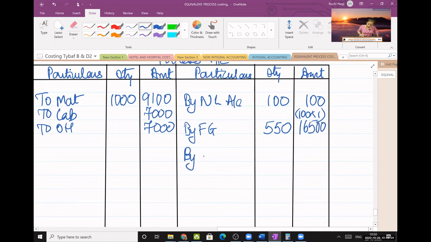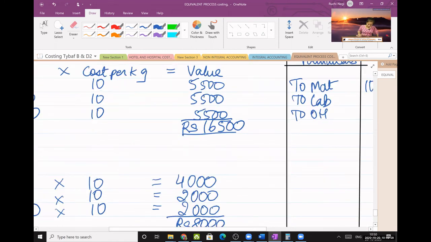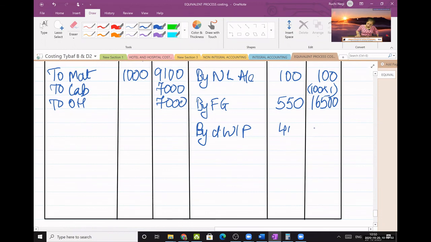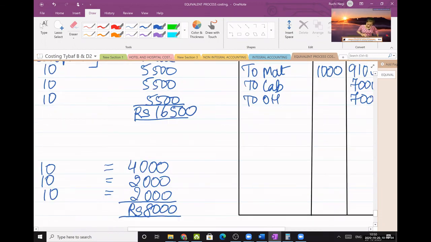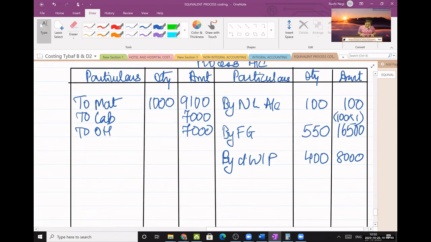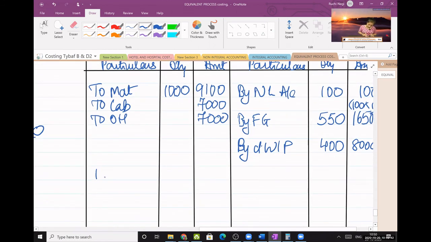Then next, by closing WIP, how much was it? 400. 400, and the total was how much? 8,000. So write it here, 8,000. Abnormal gain will come this side. Here, abnormal gain is 50 and the total was 1,500.